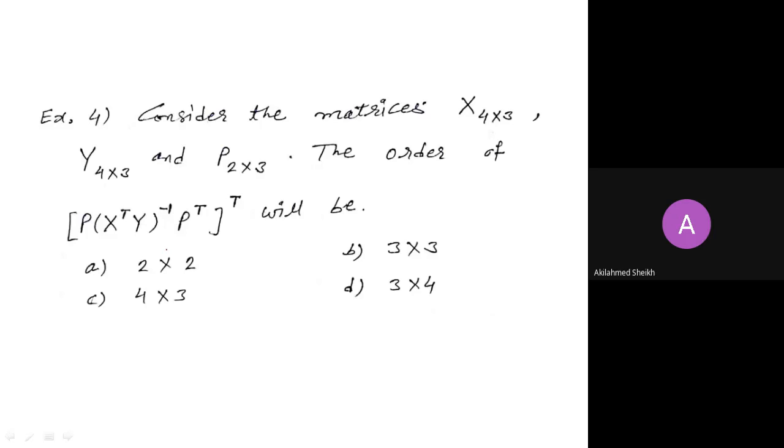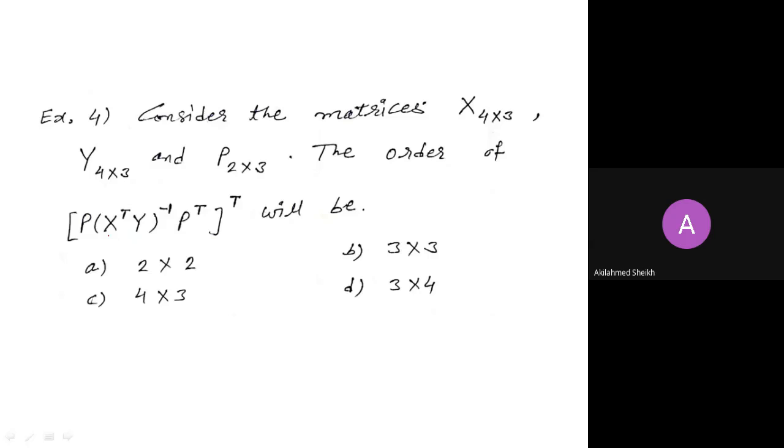Next, consider the matrix X whose order is 4 by 3, Y, whose order is 4 by 3 again, and P, whose order is 2 by 3. The order of this matrix will be, now here just observe the square bracket.